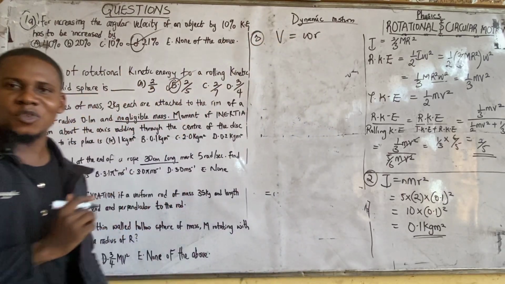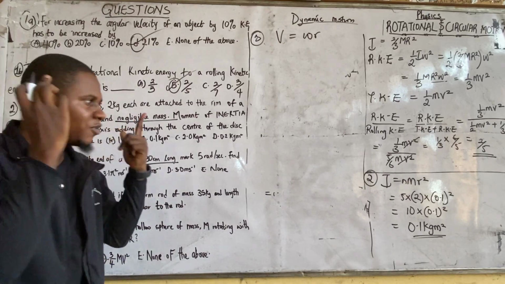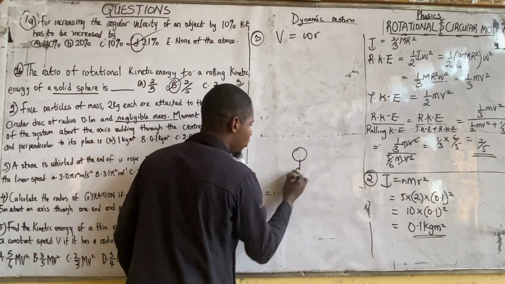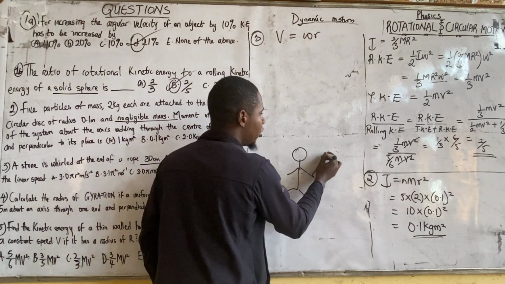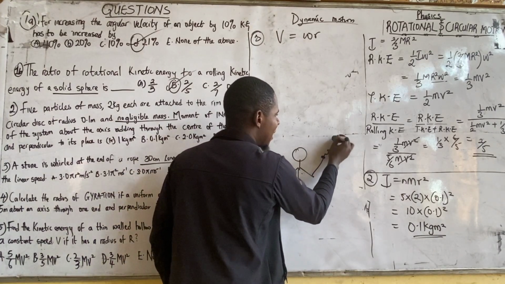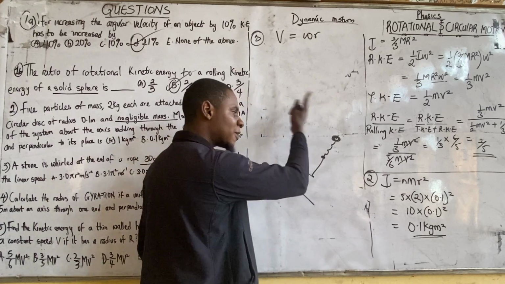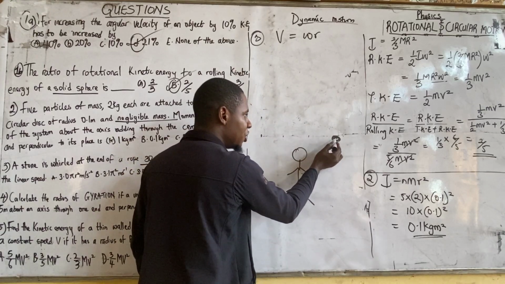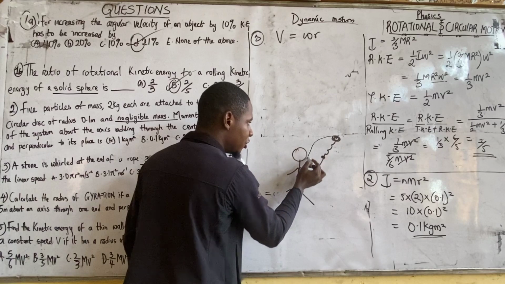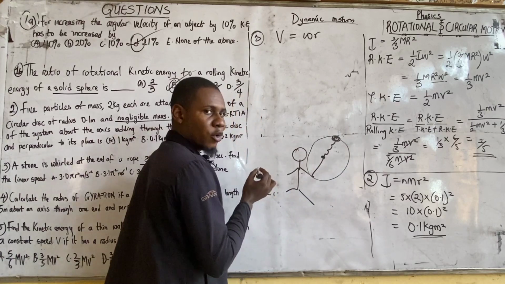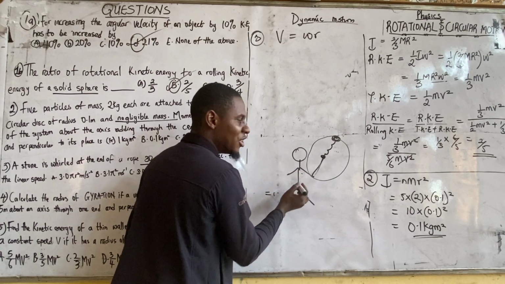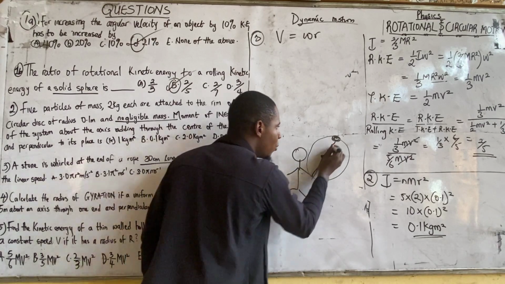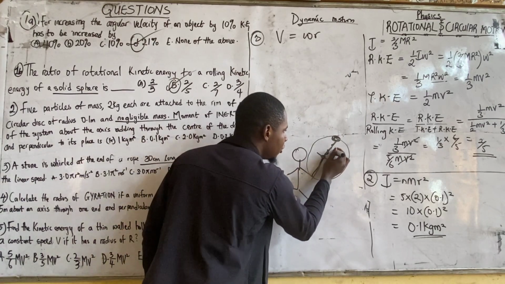Now, radius was not given, but let's reason. You have a rope. A mass is tied at the end and you are spinning it. When you are spinning it, it is going to be going round. Is that not true? It's going to go round. When you take your calculations, you are going to find out that the rope that you are spinning is the radius.